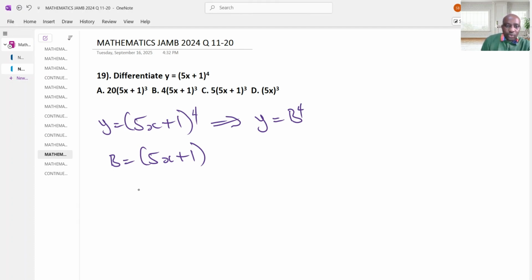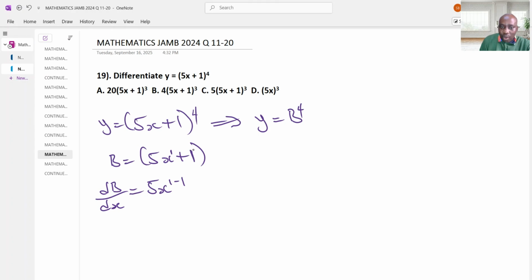Now, to solve this, we first find db/dx. What is it going to give us? If nothing is written, there is an invisible 1 here. 5 multiplied by 1 gives 5, and x raised to power 1 minus 1.